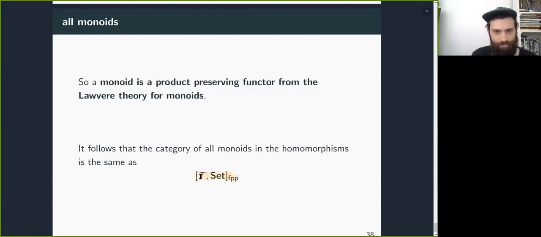But you can create a category whose objects are all of the functors from our Lawvere theory T to Set. Well, it's not just any functors. I put this subscript here to denote that it's only the finite product preserving functors. And then there are arrows in there called natural transformations, which, if you know that, great. If you don't, it's probably something for another time.